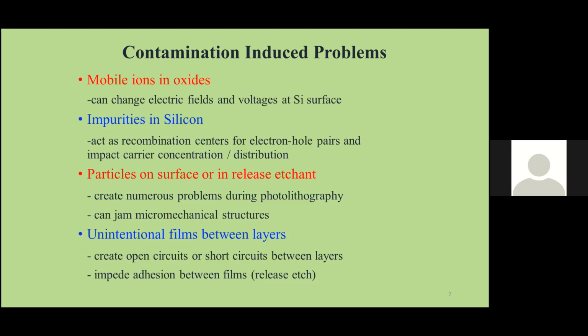Another is the impurity of silicon. Suppose some dust particle or microorganism is available in the clean room. What happens when we fabricate semiconducting devices? In that case, in the electron transportation, some hole or electron pairs are formed.